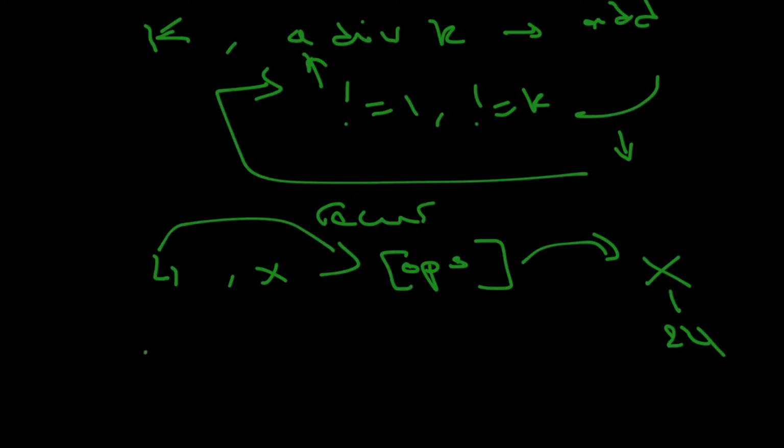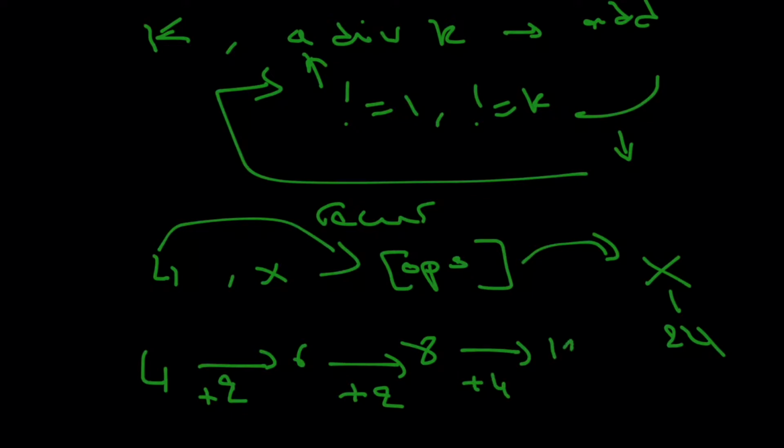So the example that we have here is, for example, 2 is a divisor of 4, and so we add it, we get 6. And for 8, we have 2 again. So 2 is a divisor of 6, so we add it. 4 is a divisor of 8, and so we can add that, and we get 12.